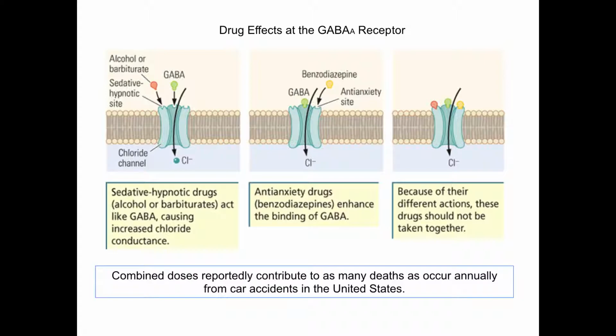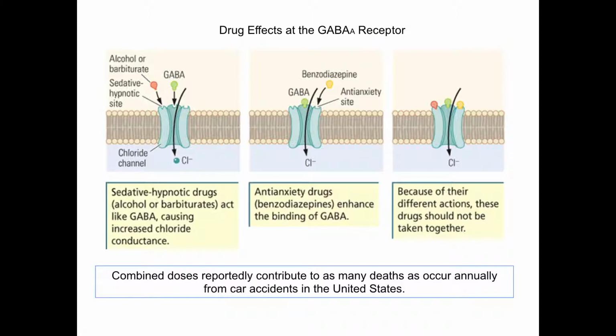An influx of chloride ions increases the concentration of negative charge inside the cell. So again, it will hyperpolarize it, and make it less likely to propagate an action potential. The inhibitory effect of GABA is to decrease the likelihood that this neuron will fire.